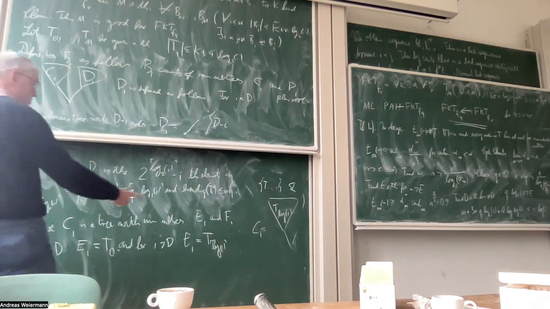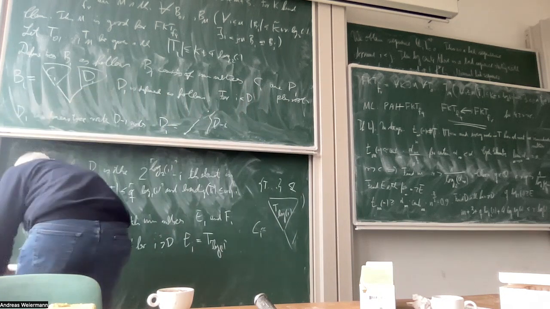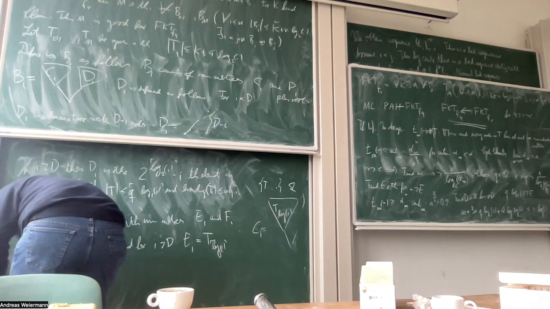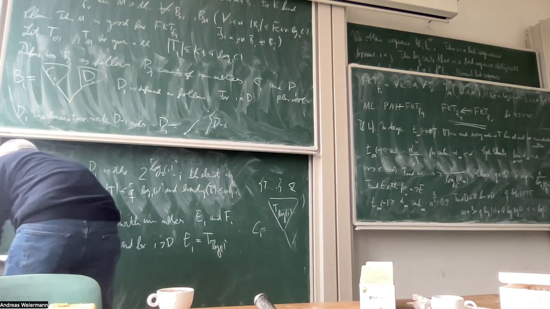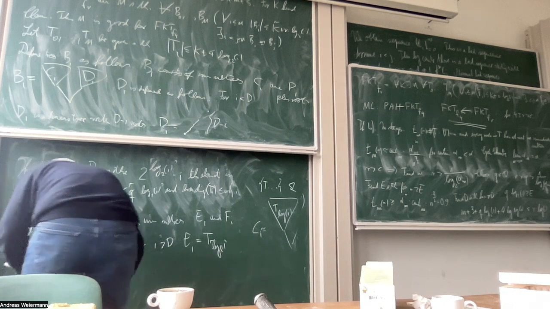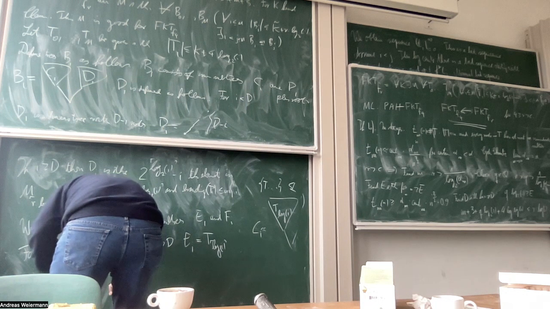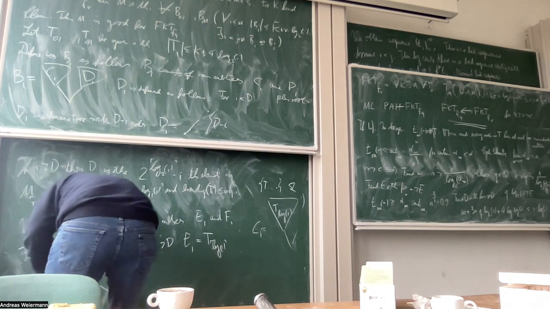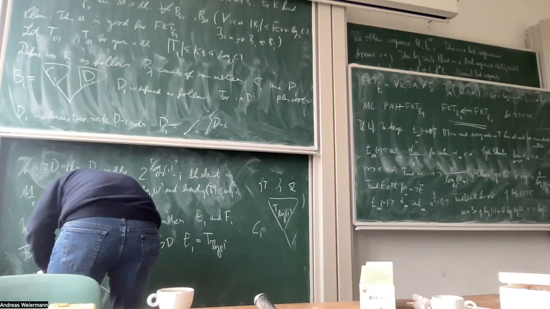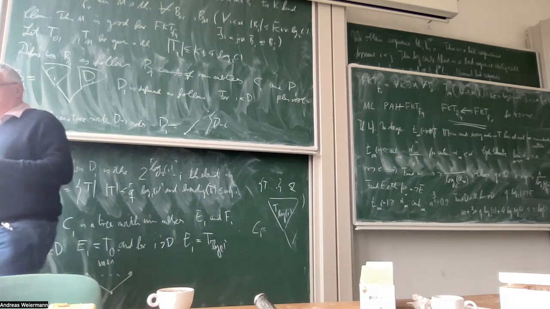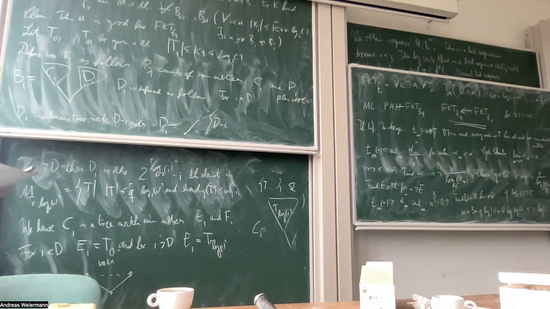Now the question is, what is f of i? f of i is always the constant tree. It's of the form just one root, n plus one many direct successors, singleton nodes.